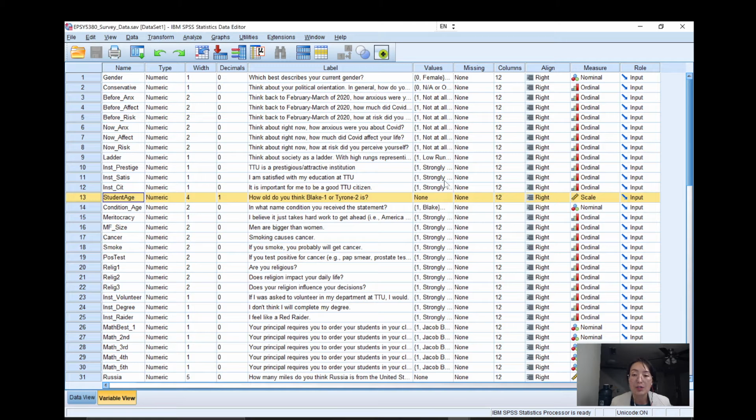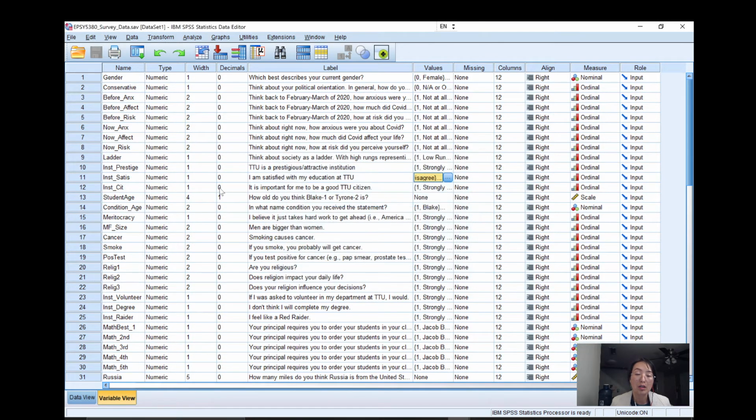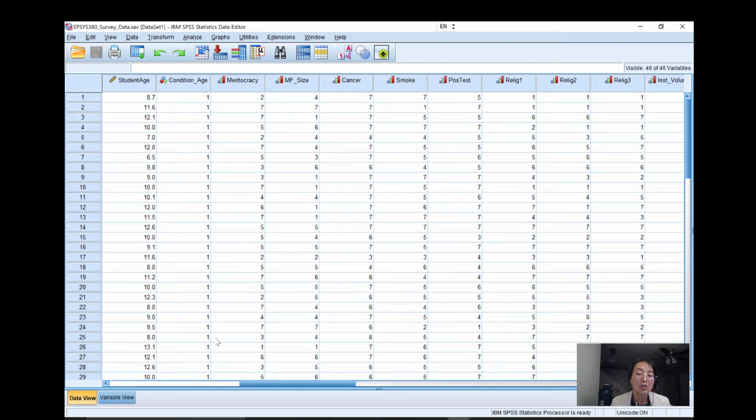Ordinal are the ones that you scored strongly disagree to strongly agree. These are ordinal because, as you have learned, you know the order. However, the distance between the orders is not proportional. You don't know if strongly disagree to disagree is the same level as from disagree to agree, right? So this is ordinal. We know the order, however, we aren't sure they are equal distance.